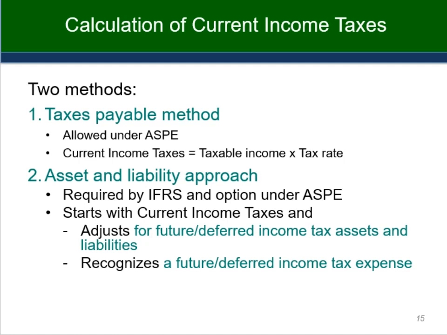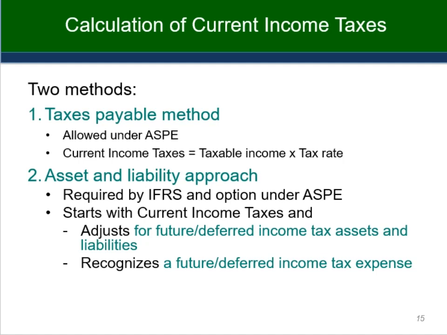The asset and liability approach does account for those future implications of this year's transactions for tax payment obligations in the future, or tax benefits to be received in the future. So this approach is required by IFRS. It is allowed under ASPE.